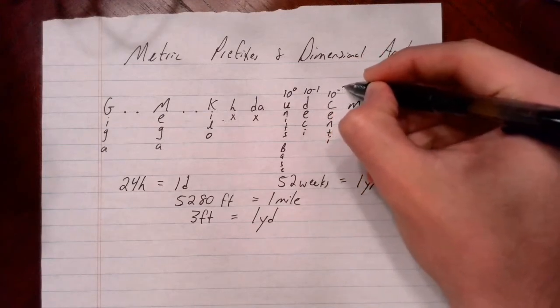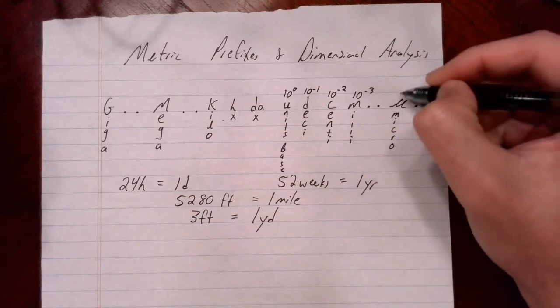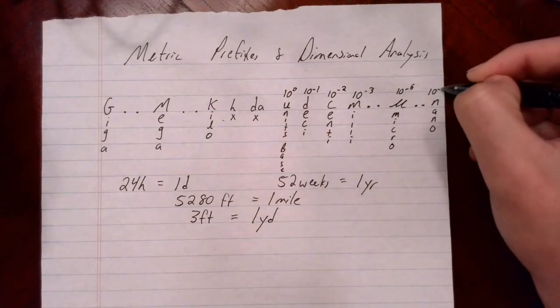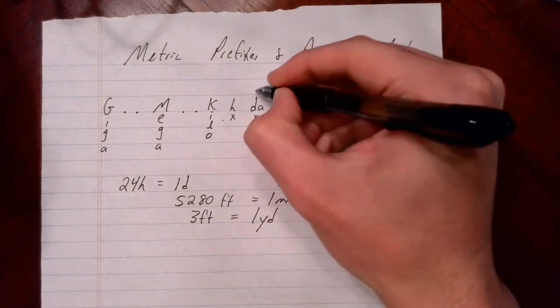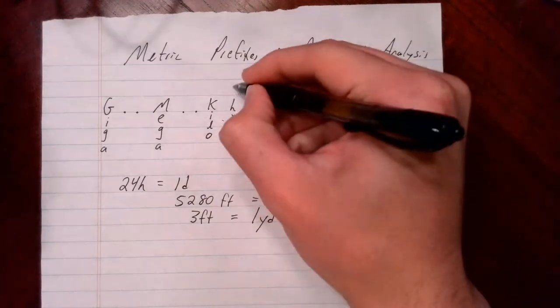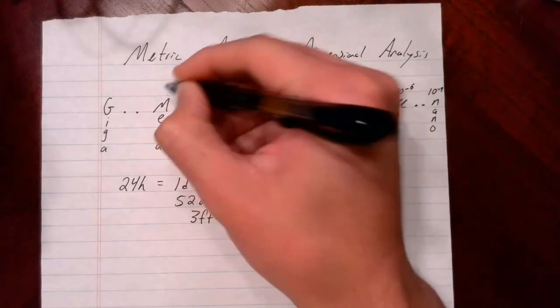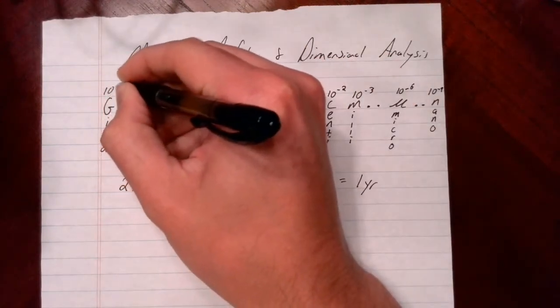For centi, I'll write 10 to the negative 2. For milli, 10 to the negative 3. For micro, 10 to the negative 6. Nano, 10 to the negative 9. Okay, so then I would have 10 to the 1, 10 to the 2nd power, 10 to the 3rd power, 10 to the 6th power, 10 to the 9th power.